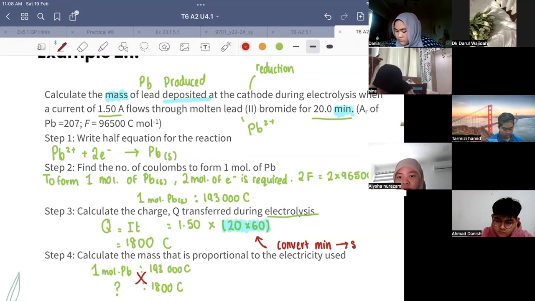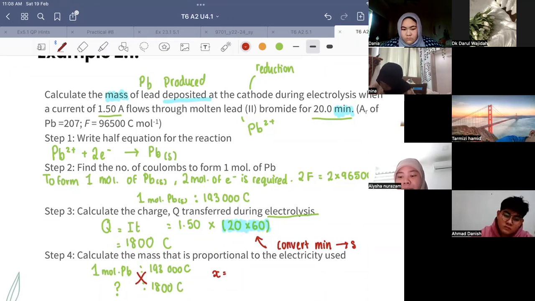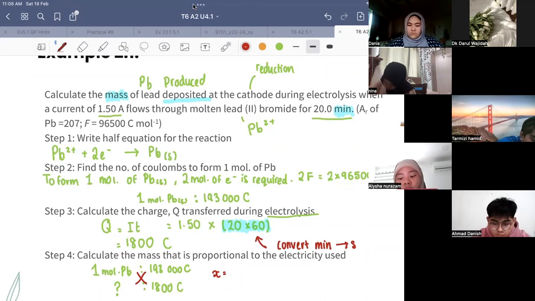You do cross multiplication and find X. Thank you, Ridwan.